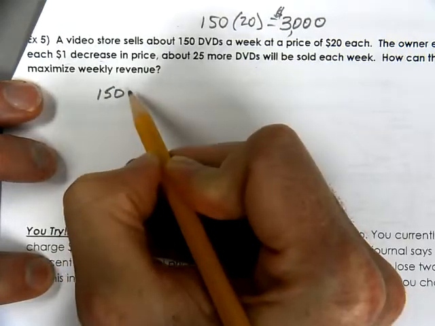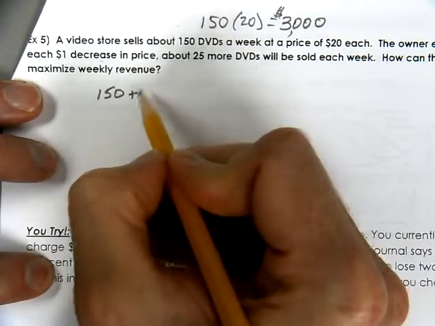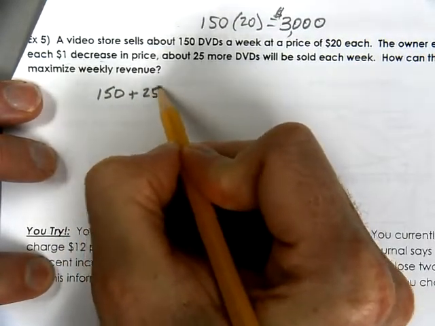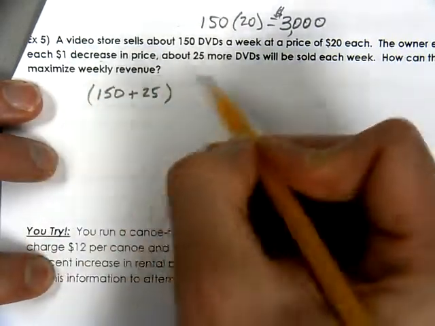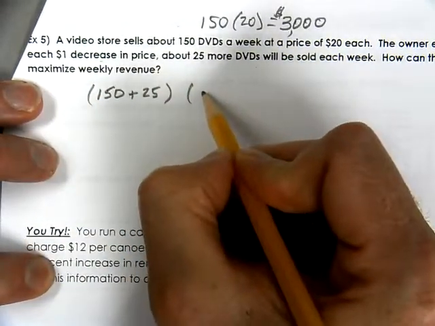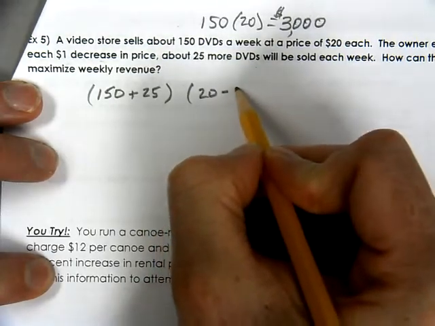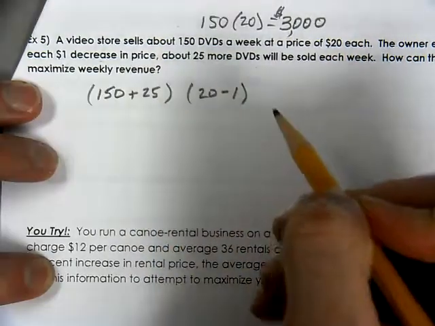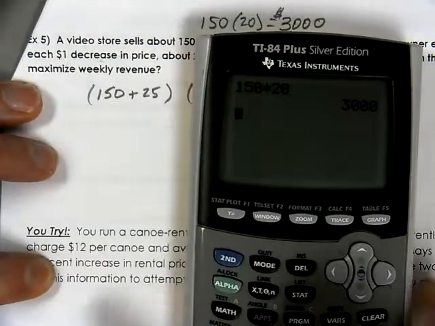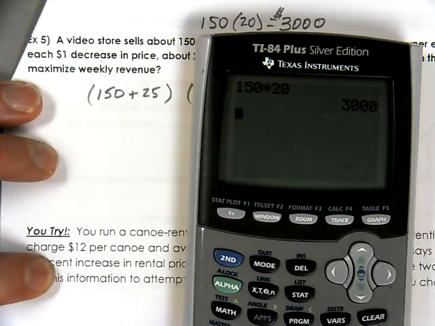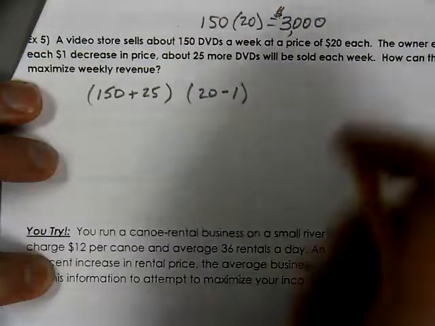So at 150, he's going to add 25 videos, and to his $20 he's decreasing by $1. So we're going to say 175 times our 19, and we make more money, 3,325.